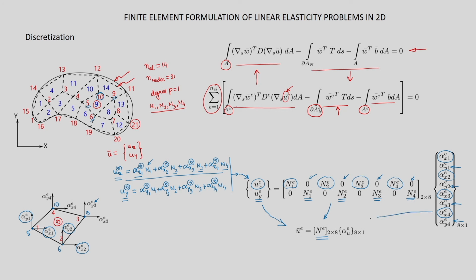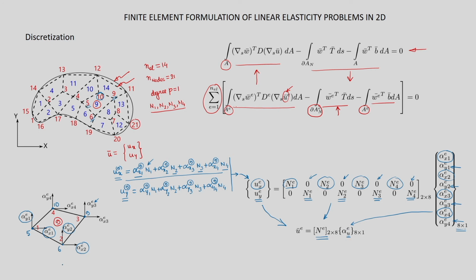And this vector we will denote as alpha ue, because these are the coefficients, or you can say the nodal displacements of element E, representing u, and it is of size 8 by 1, fine. So, u bar, the displacement field, has been represented as the N matrix times the alpha vector.